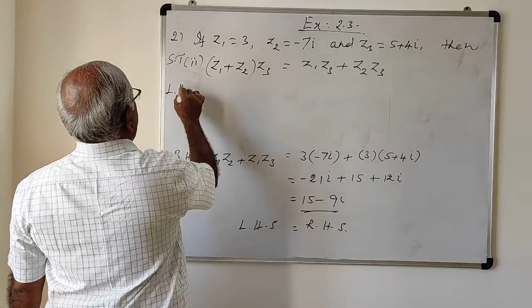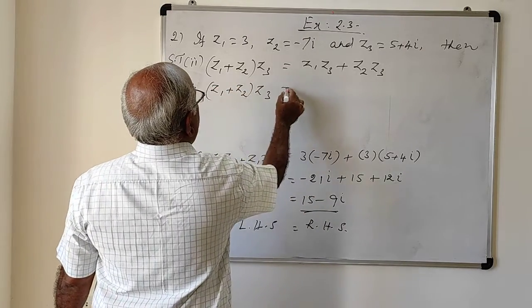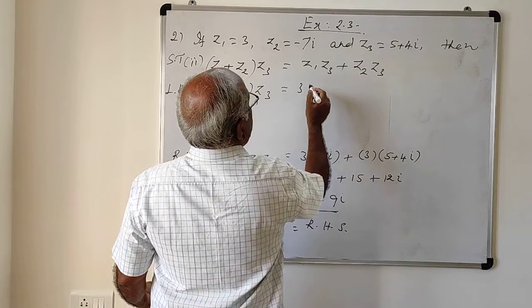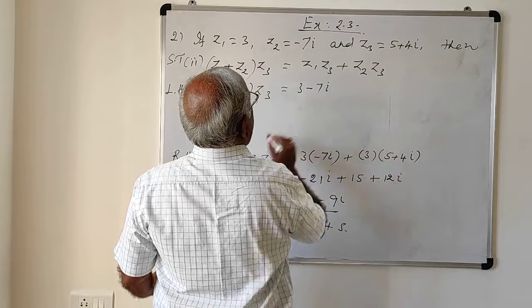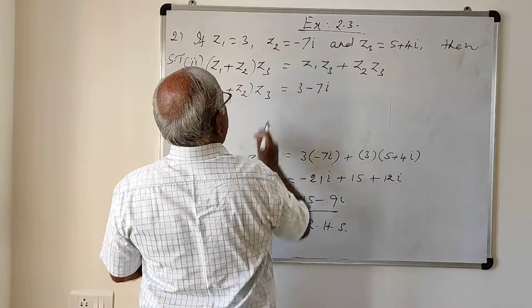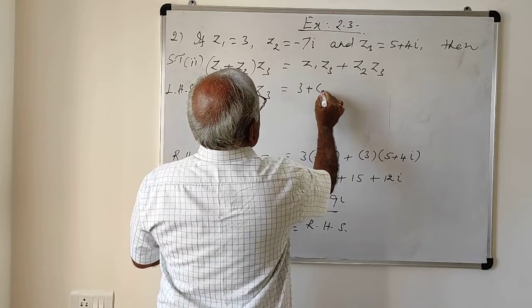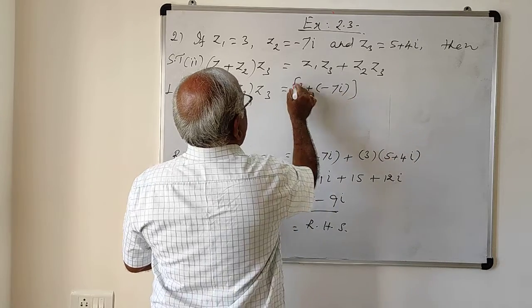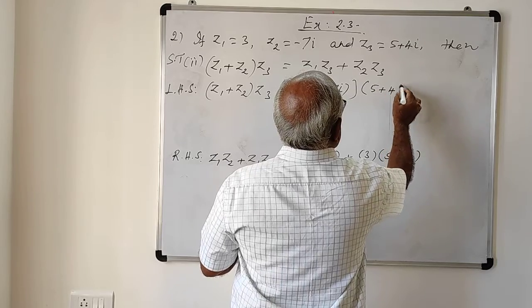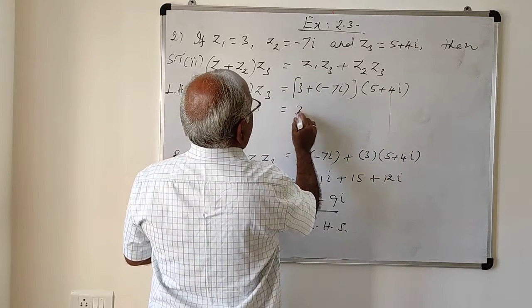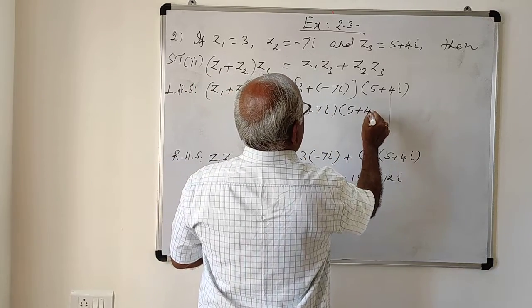Left hand side: (z1 plus z2) into z3, where z1 is 3 plus z2 is minus 7i. Adding, z1 plus z2 is 3 minus 7i, into z3, 5 plus 4i.